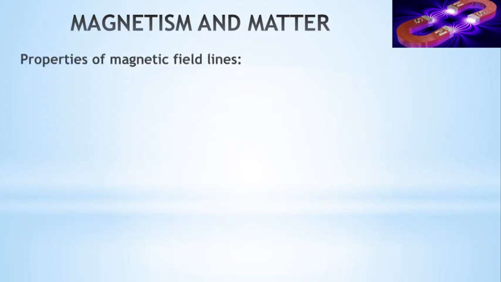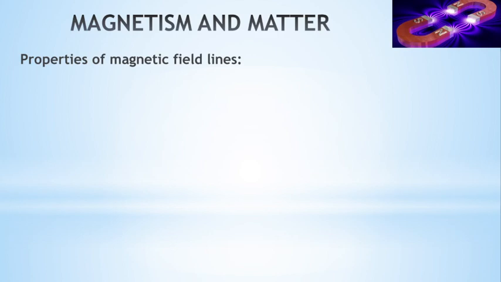Okay, these magnetic field lines have some properties. In the first chapter you studied the properties of electric field lines. In the examination, a question may ask you to mention the properties of electric field lines or magnetic field lines. Before writing the answer, you have to observe whether it is magnetic field lines or electric field lines.